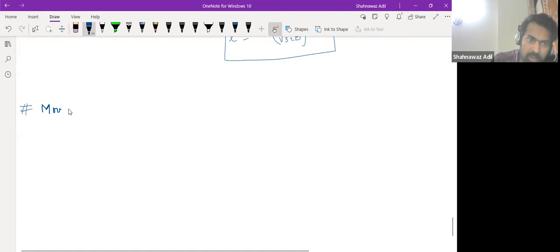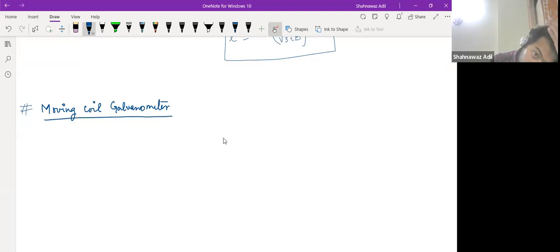What is the key idea of the moving coil galvanometer? I know you guys already know those diagrams.